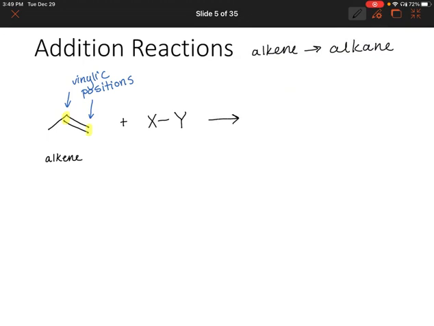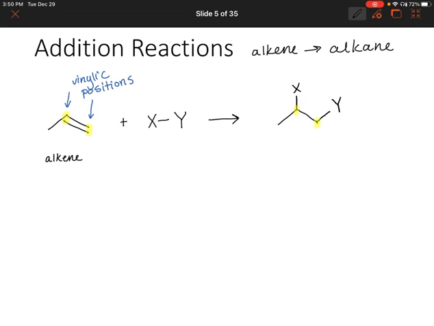So our product, we have those same 3 carbons, but we're breaking the double bond to form 2 new bonds, X and Y. Okay, so again, in an addition reaction, a reagent is going to add across that double bond, and we're breaking the pi bond to form our new sigma bonds. So we're breaking the double bond to form new single bonds.